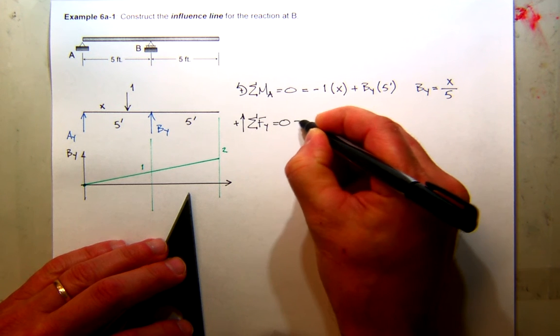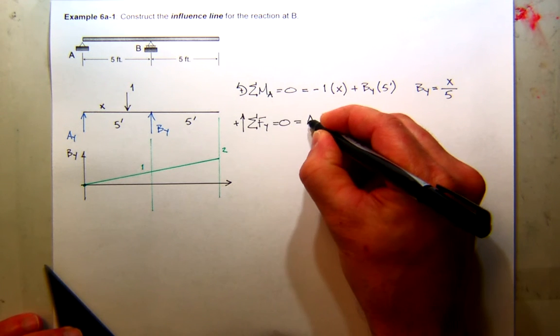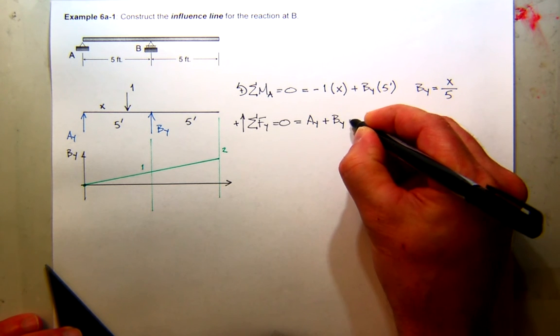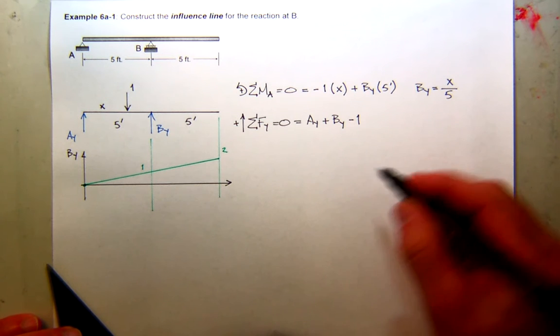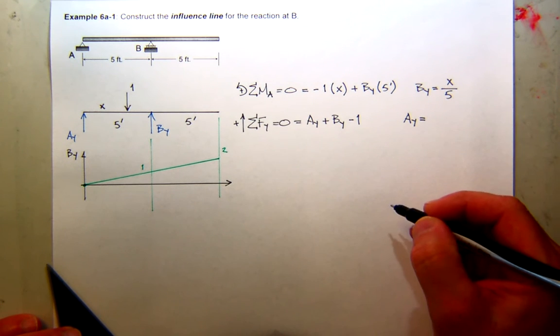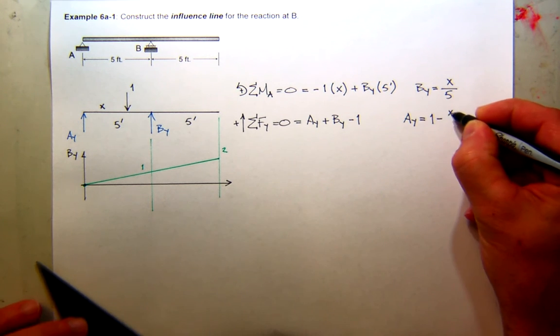Make sure the structure's in equilibrium. I'm assuming up is positive, so I've got Ay acting up plus By acting up minus 1. Put By in here, and what do you get? Looks like you're going to get 1 minus x over 5.